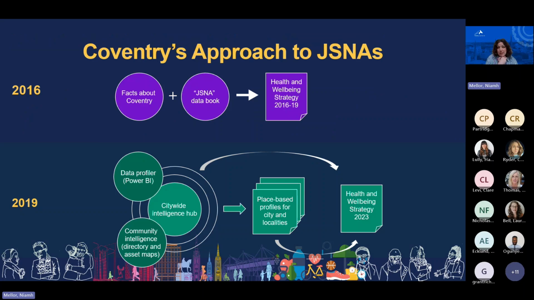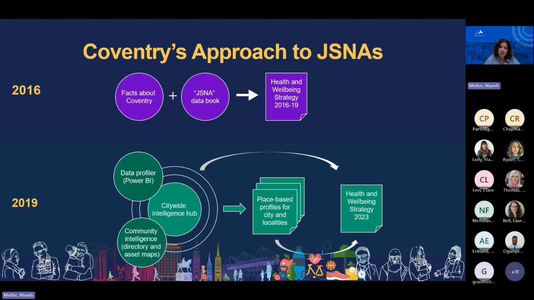Our approach historically has been to produce facts about Coventry, and that still exists. I encourage you to have a look on the website because the Insight team have done a brilliant job of facts about Coventry. It came along with the JSNA handbook, which was a data book used to inform the health and wellbeing strategy. But since 2019, the Health and Wellbeing Board agreed to move to a more place-based approach.